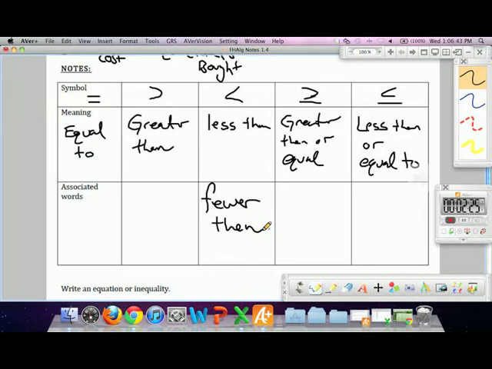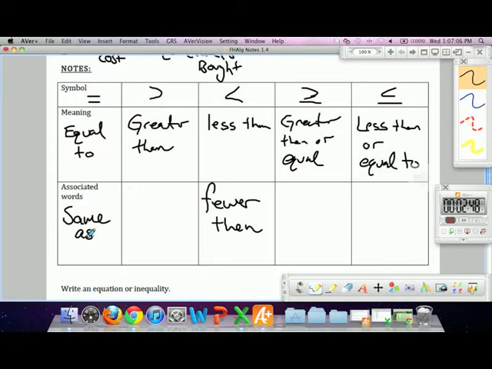But if I said two quantities are the same as? Equal. Okay. How about no more than? Greater than.